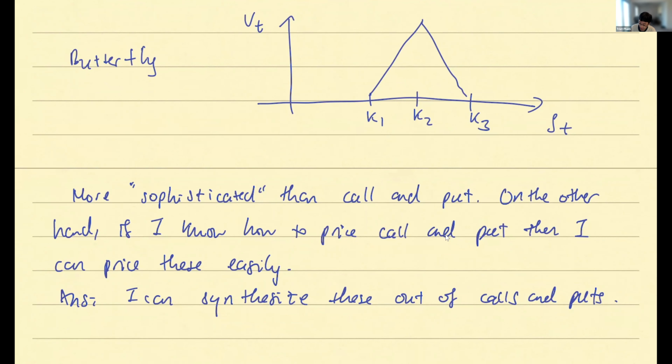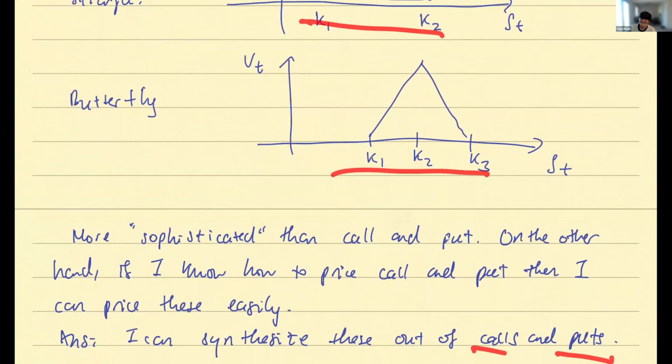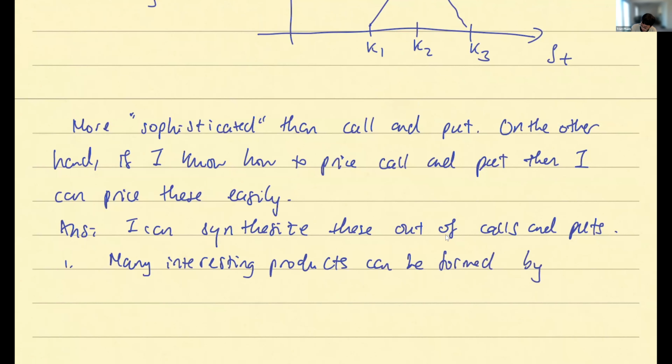You just use the pricing of the simple products and use a linear combination to price a new product. Now this sounds again very simple, but it contains two ideas. First of all, many interesting products can be formed by calls and puts.